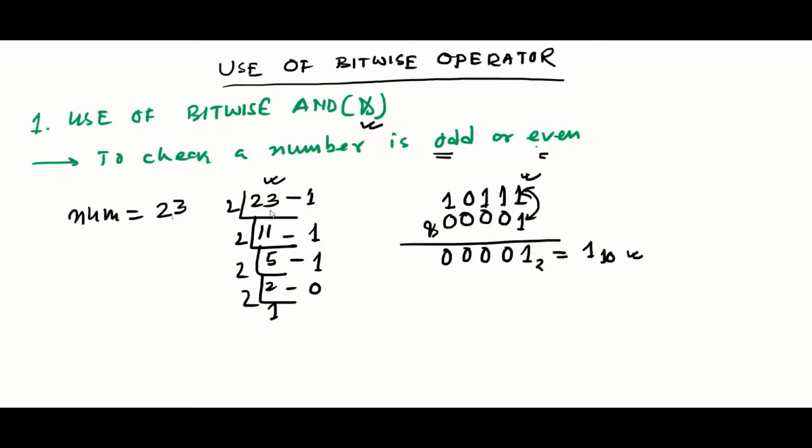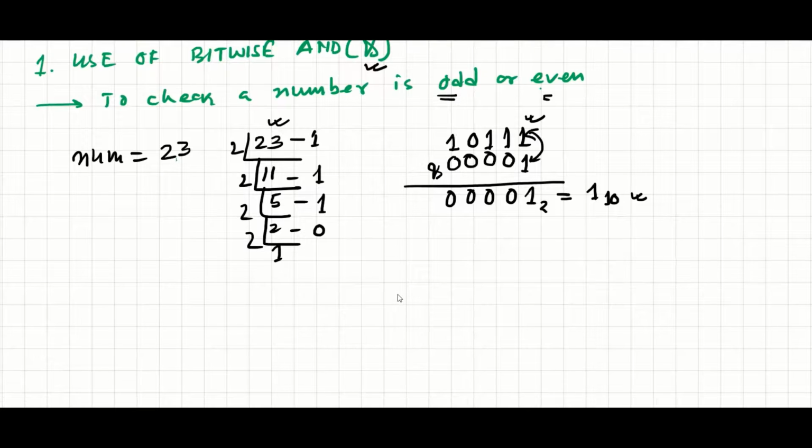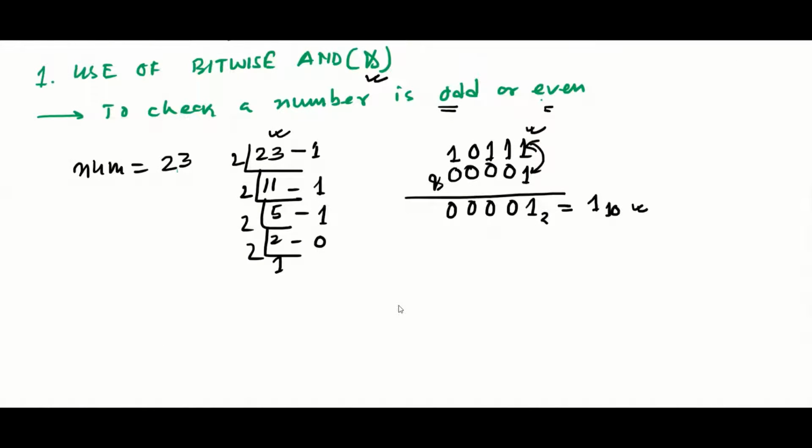Now let's take an example of an even number. Let's see what is happening. Suppose 16. Let's find the binary number of that number. Okay, that's done.